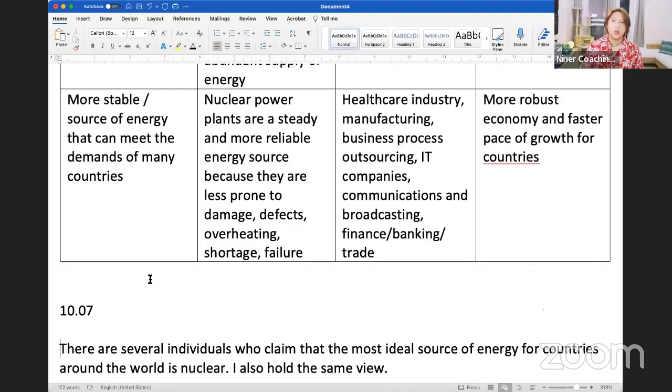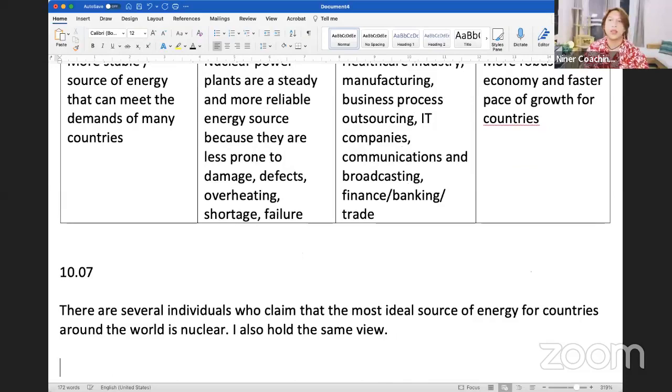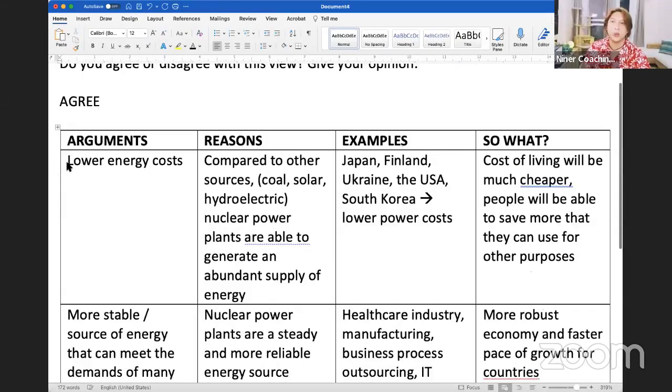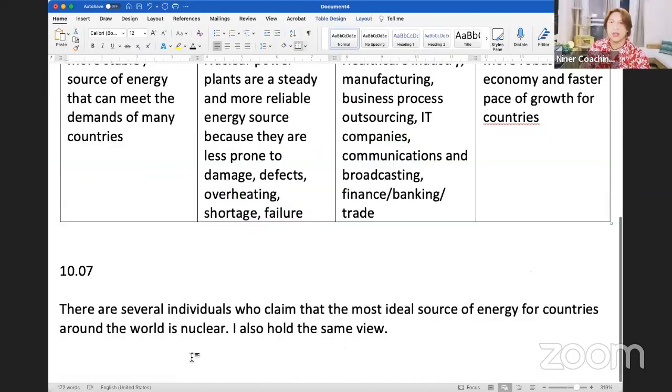We're now going to move on to the next paragraph, which is our first body paragraph. We have already planned that out, and this is what we're going to be writing in this portion of our essay.